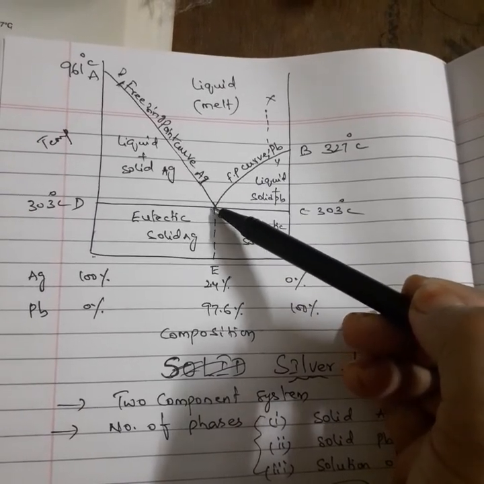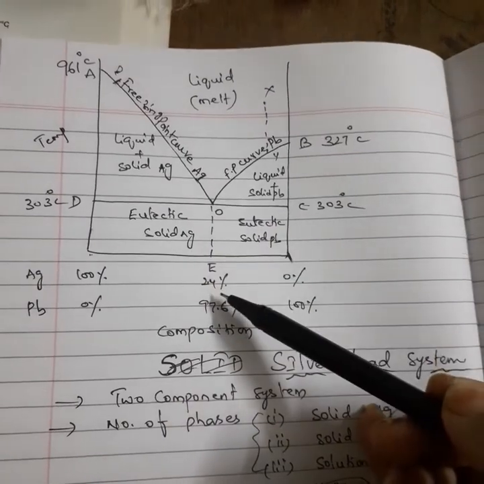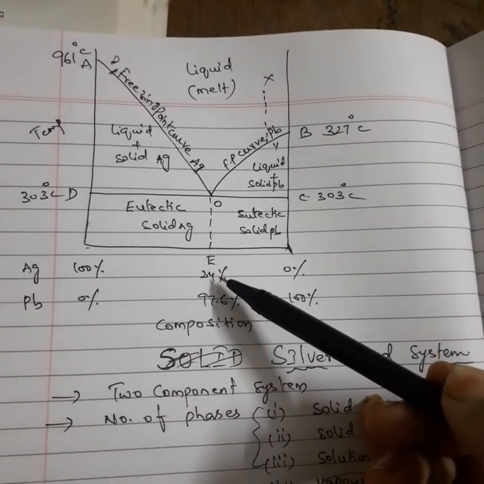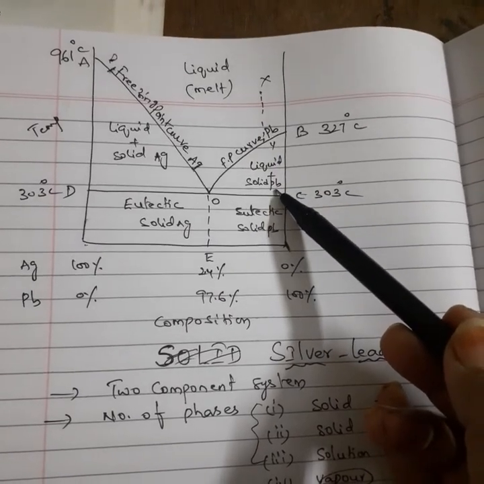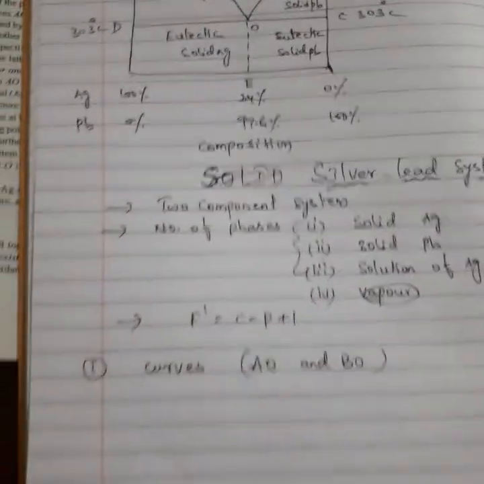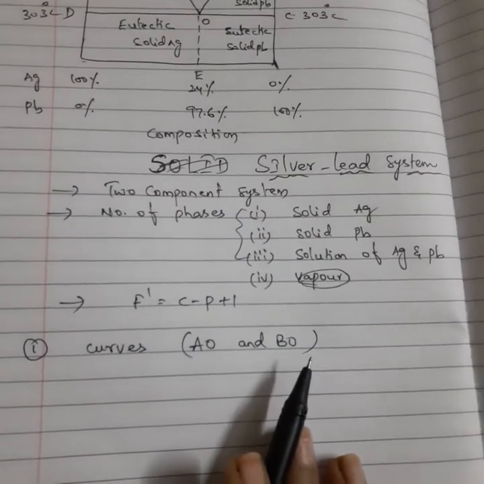Like this the curve will come. When it reaches O, that is, when the silver composition becomes more than 2.4%, no more lead will turn into solid.